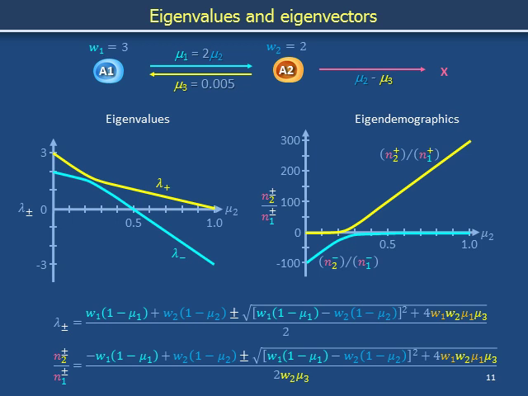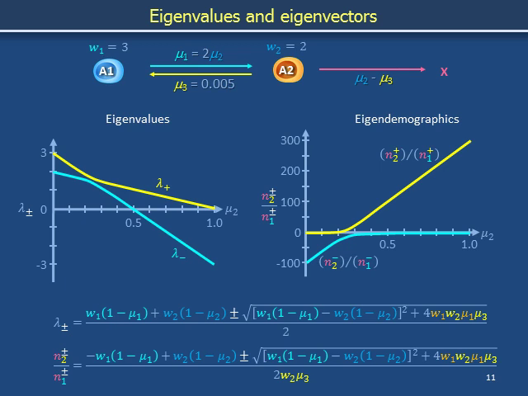Remember that the eigenvector associated with the largest eigenvalue dominates the dynamics of the system at long time, unless we are in a special situation in which the initial condition of the system can be constructed using linear combinations only of other eigenvectors. The eigenvalue lambda plus dominates for all these values of the mutation fraction mu2, so the dominant eigenvector is the one whose ratio of n2 component to n1 component is plotted in the yellow eigendemographics curve.